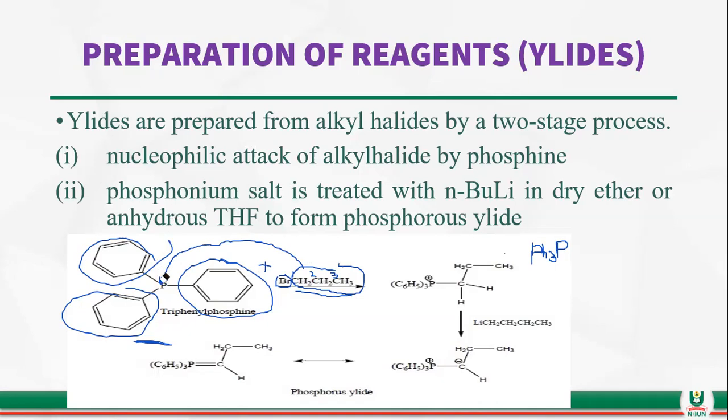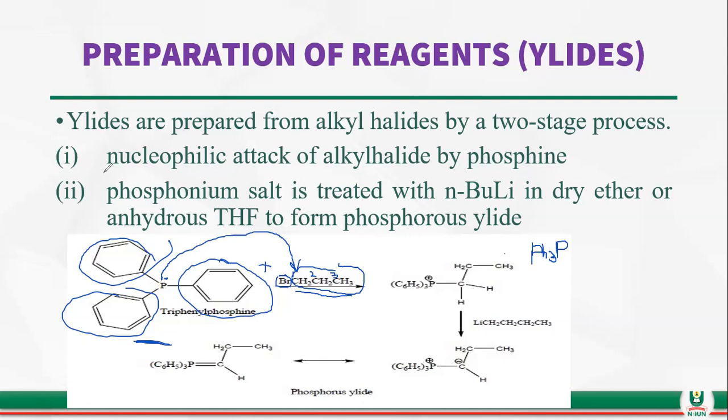Remember that phosphorus in trivalent form has a lone pair of electrons that it has not used. You remember that phosphorus is in the nitrogen family. It has 3 bond pairs here and 1 lone pair. You use that 1 lone pair to nucleophilically attack the alkyl halide.